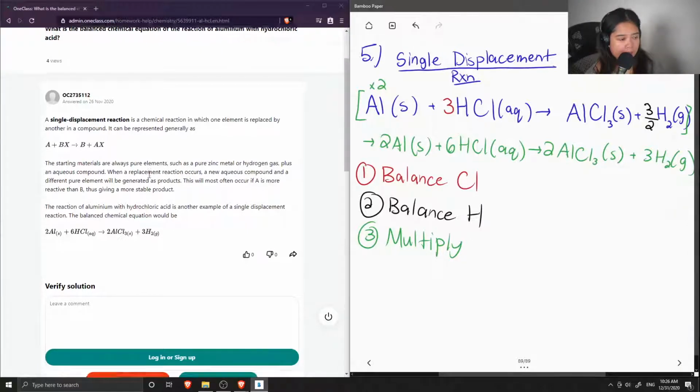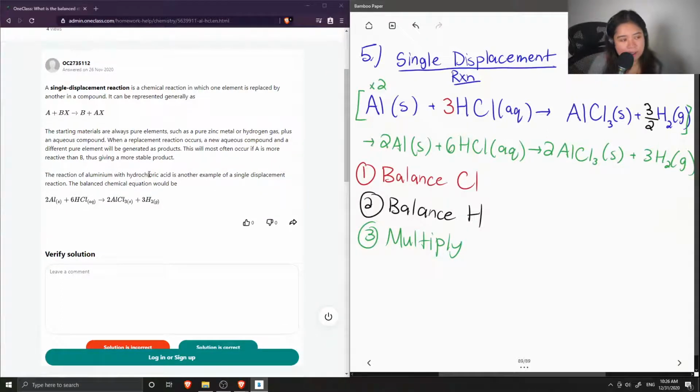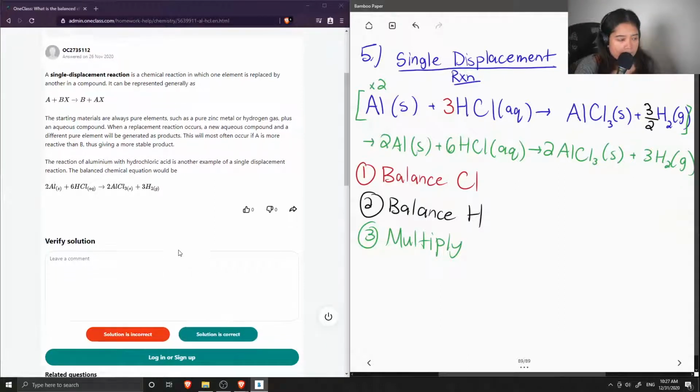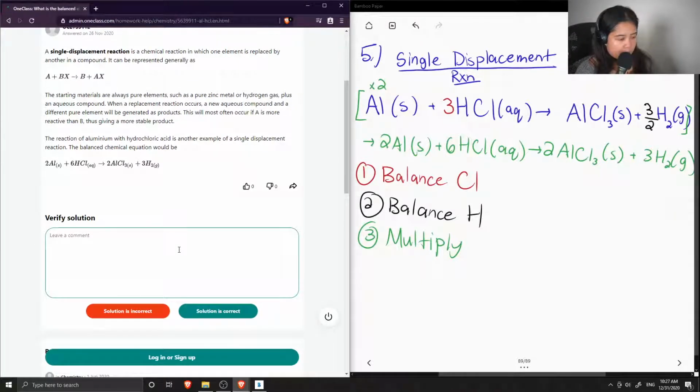When a replacement reaction occurs, a new aqueous compound and a different pure element will be generated as products. This will most often occur if A is more reactive than B, thus giving a more stable product. The reaction of aluminum with hydrochloric acid is another example of a single displacement reaction. The balanced chemical equation would be 2 aluminum plus 6 HCl makes 2 aluminum chlorides plus 3 hydrogen gas. Okay, so this solution is correct.